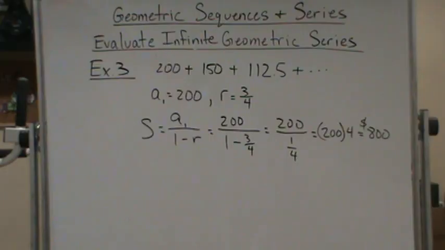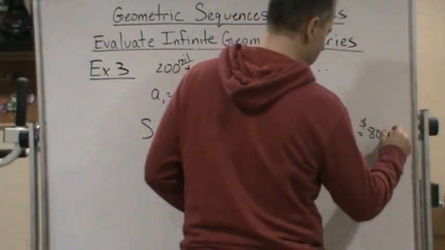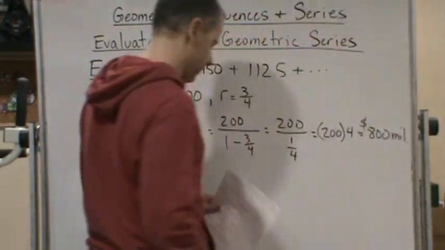So now that means what? The total amount of money spent is 800 million, right? So these are in the millions. All right, that's it.